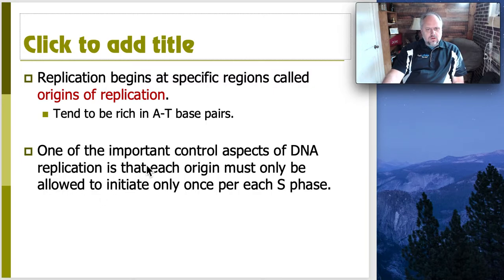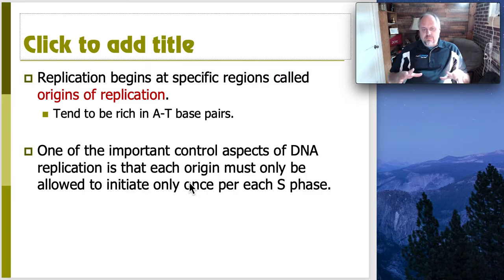One of the most important control aspects of, one, how a cell is going to go through its replication phase, and two, one of the initial regulators of going through the cell cycle is going to be this mechanism by which replication is allowed to initiate.